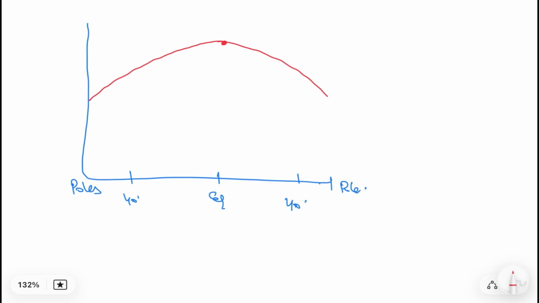So here we have surplus insolation, and at the poles we have deficit insolation.